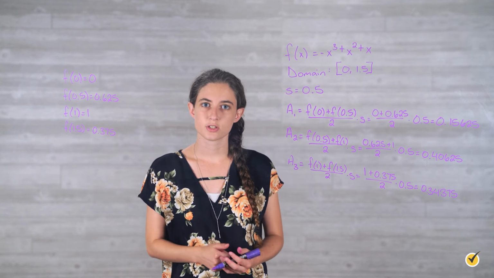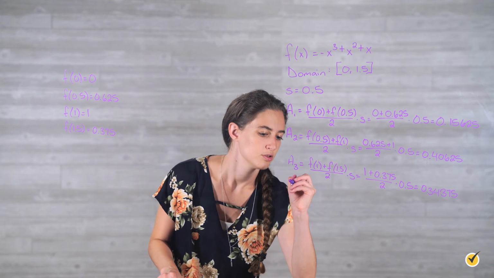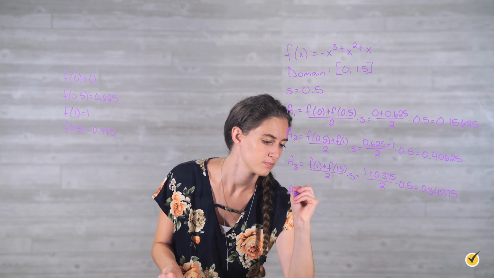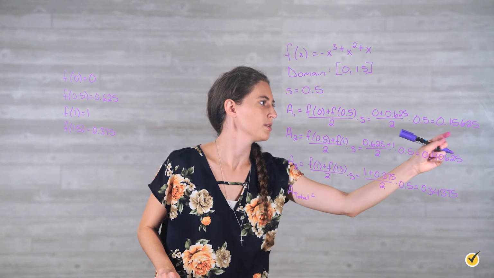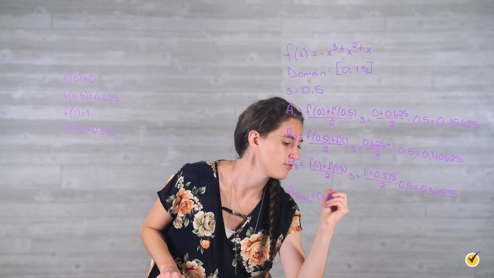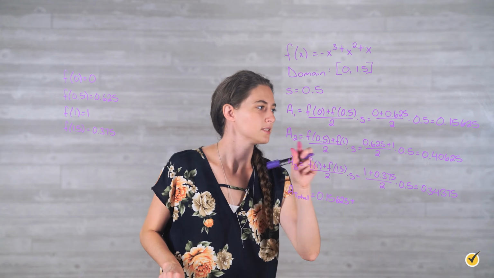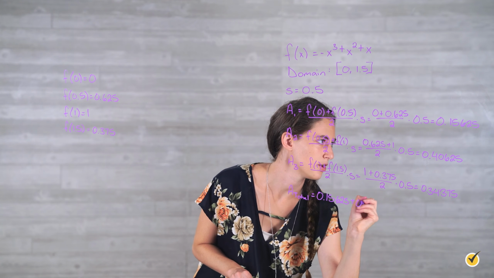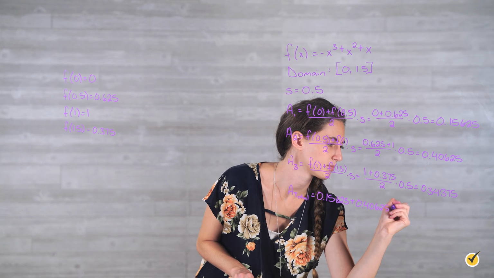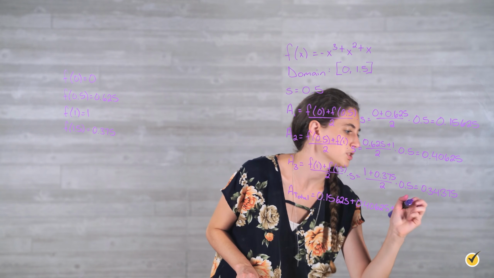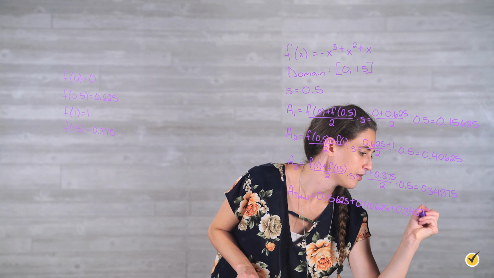To finish our estimation of the area beneath the curve, we simply add all our areas together. So our total area is going to be equal to a sub 1, which is 0.15625, plus a sub 2, which is equal to 0.40625, plus a sub 3, which is equal to 0.34375.